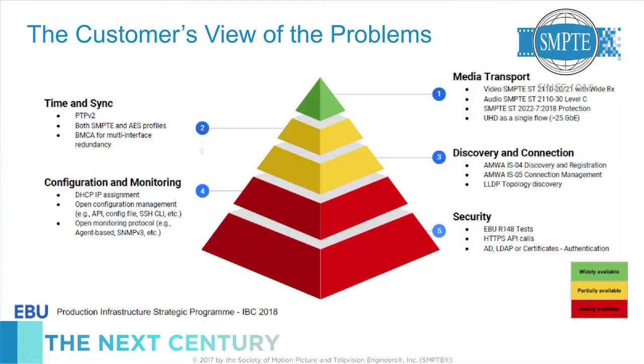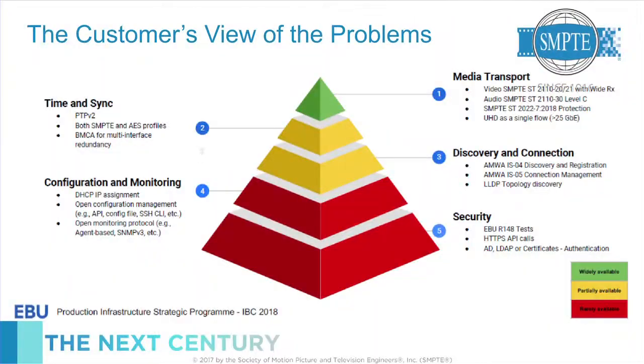So they pretty much, as I described, say, okay, great, media transport, the little orange, green part at top, we've got standards for that. Timing and synchronization, okay, PTP and so forth, we've got mostly great standards for that, but people are still just the slightest bit concerned about the edges of PTP sometimes, although if you're still concerned, talk to Thomas Kernan and he'll tell you why not to worry.